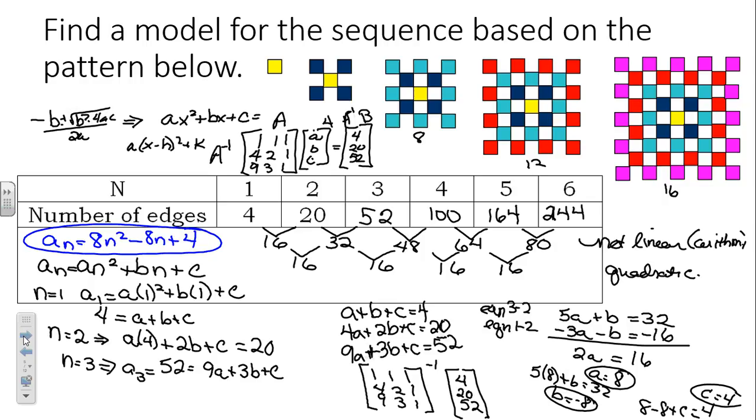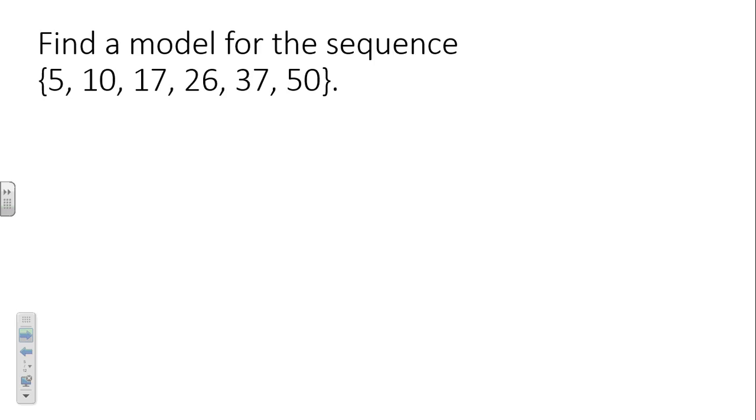Feeling good? Questions about this one? That's your final answer. And this one was longer because we had to generate the terms. We gave you a picture and said, hey, what's this going to look like? Okay, let's look at another example. Anyone have any other questions on this one? Okay, let's look at the next one.